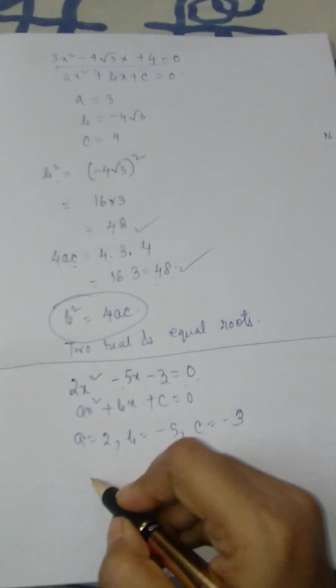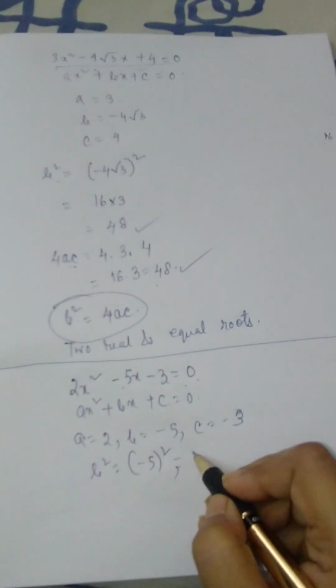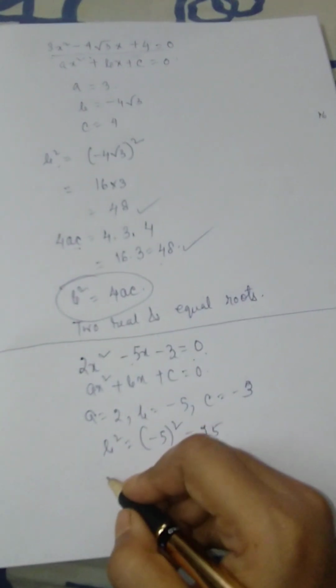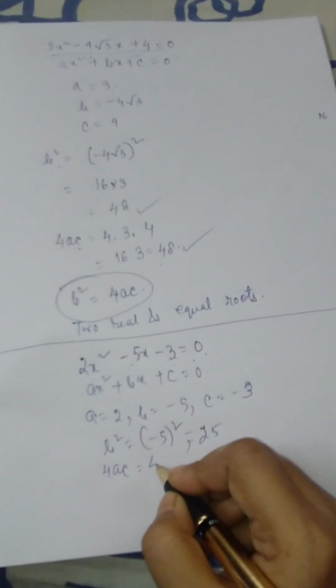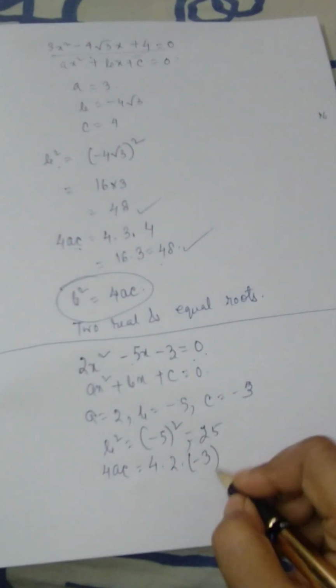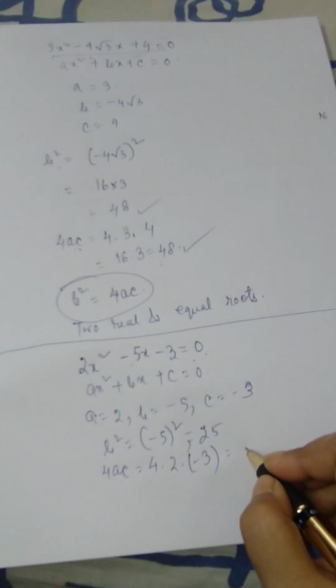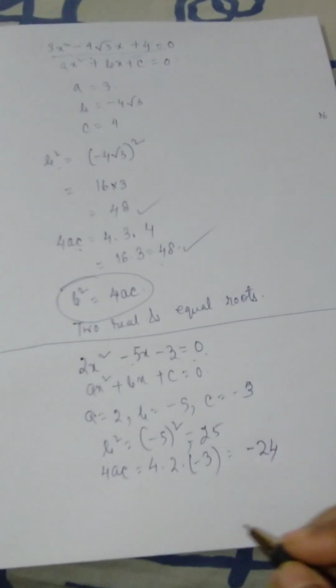minus 3. So b square, that is minus 5 square, that is 25, and 4ac is equal to 4 into 2 into minus 3, that is minus 24.